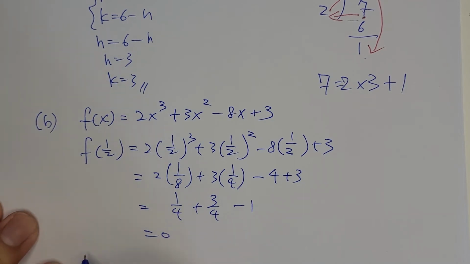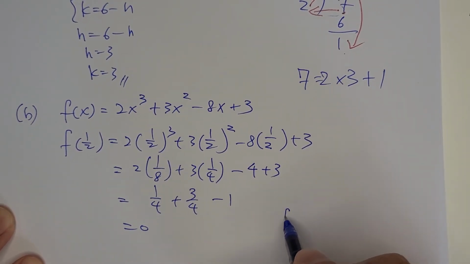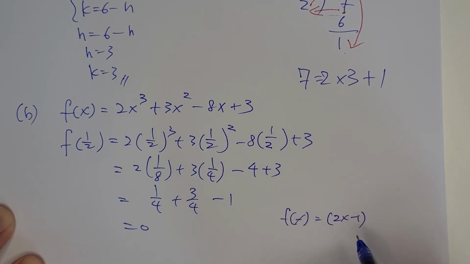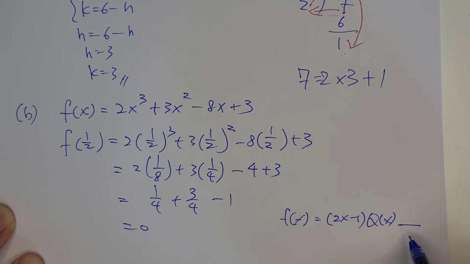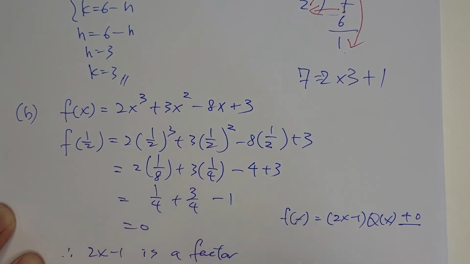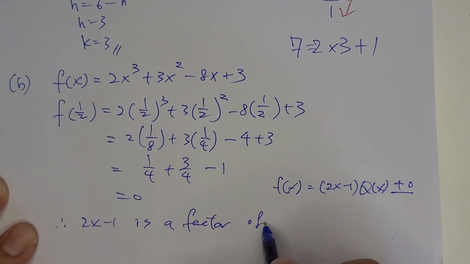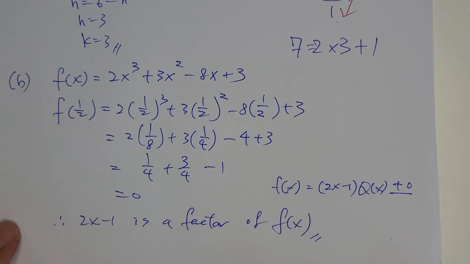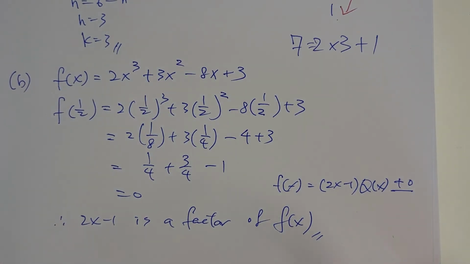That means when f(x) is divided by 2x minus 1, there's a quotient, and the remainder is 0. Therefore 2x minus 1 is a factor of f(x). So that's the end of question number 7.